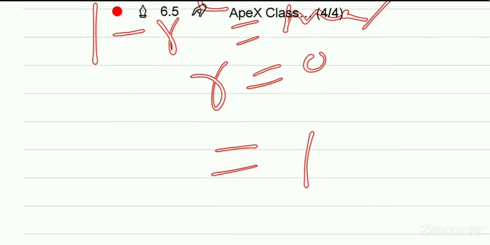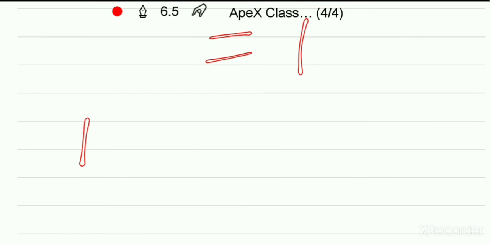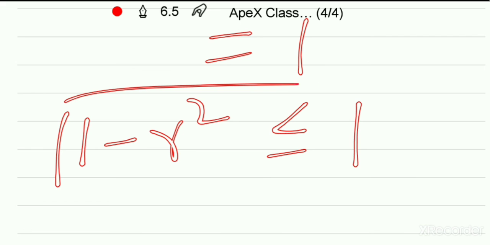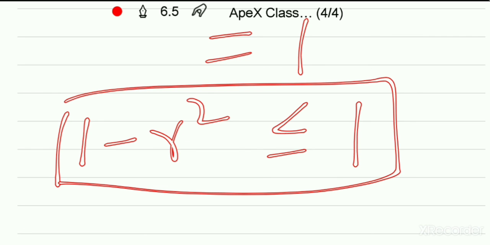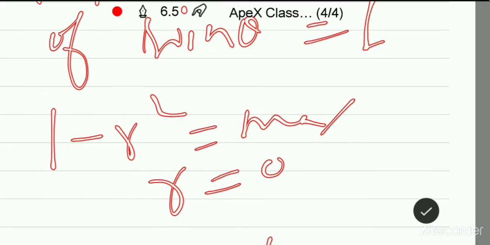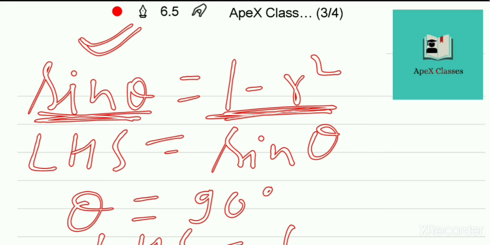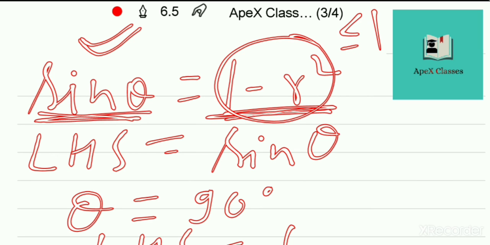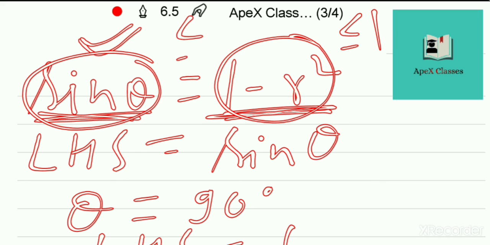From this relation, 1 minus r square can never be greater than 1, which means 1 minus r square is less than equal to 1, because the value of r is either minus 1, 0 or plus 1. So it will always be less than or equal to 1. If the right hand side is always less than 1, the left hand side will also be less than 1.